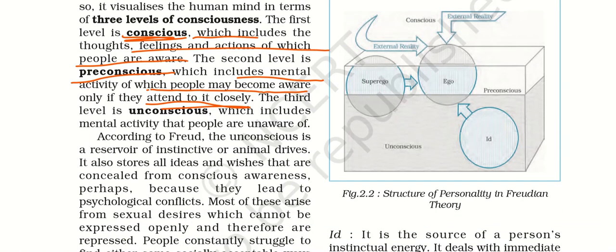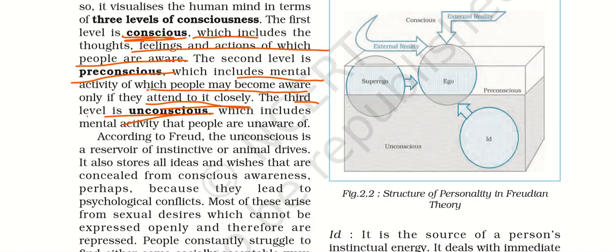Then the third level is your unconsciousness, which includes mental activities that people are unaware of. Like, when you were 1 year old, did you experience any kind of trauma, or did you have conflict with your parents? This is something which is in your unconscious mind and which is very tough for you to recall, and even if you put a lot of emphasis on it, you might not be able to recall it.